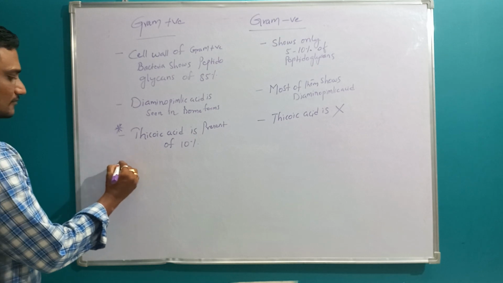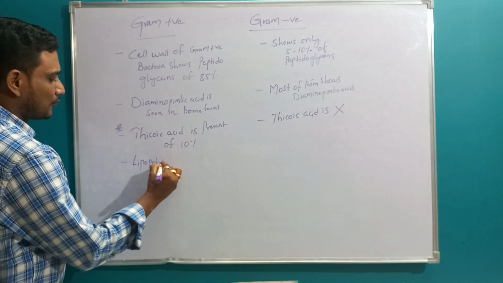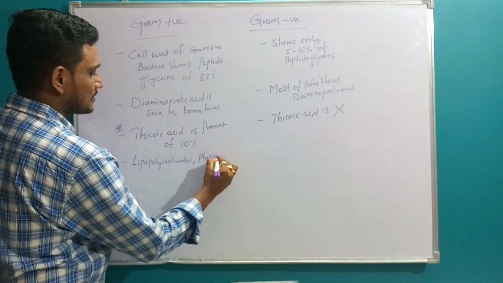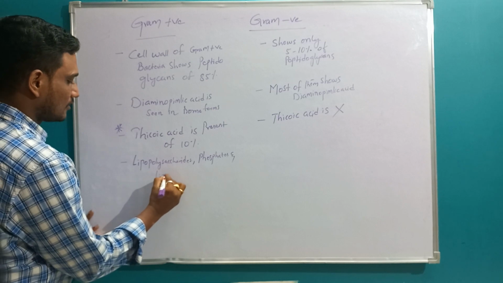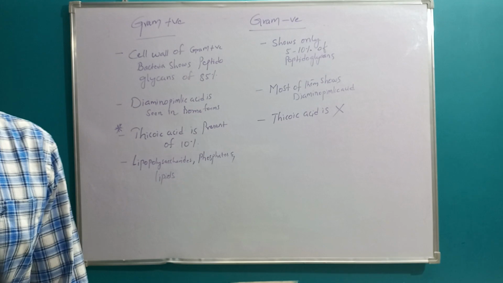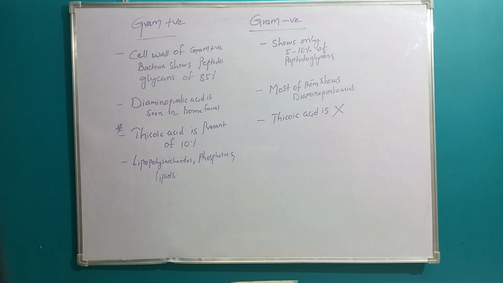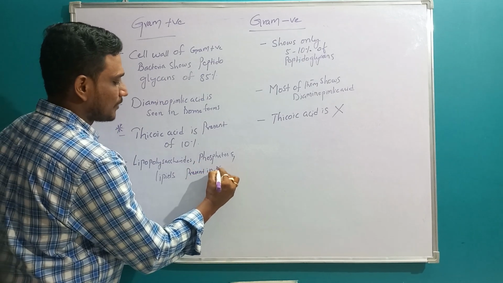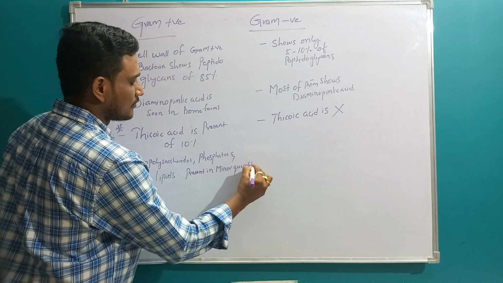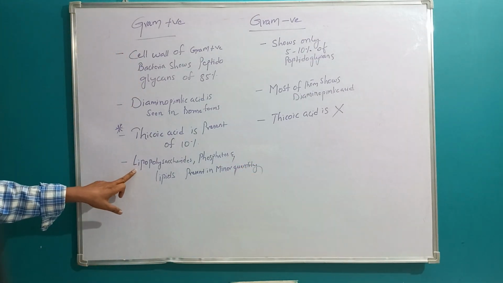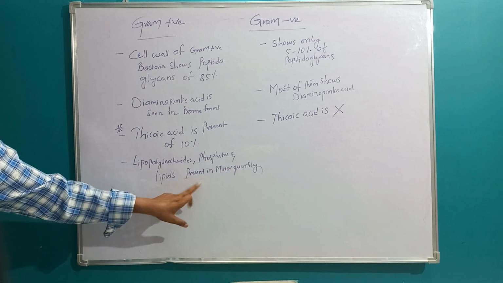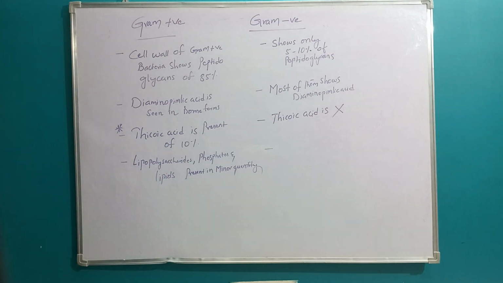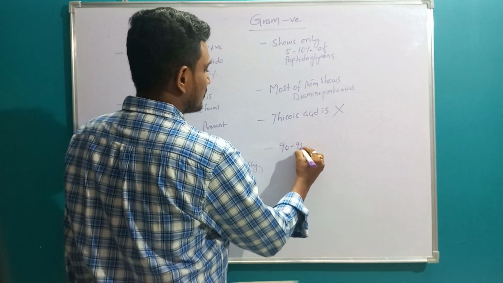Next, lipopolysaccharides, phosphates and lipids are present in minor quantity in gram positive bacteria.